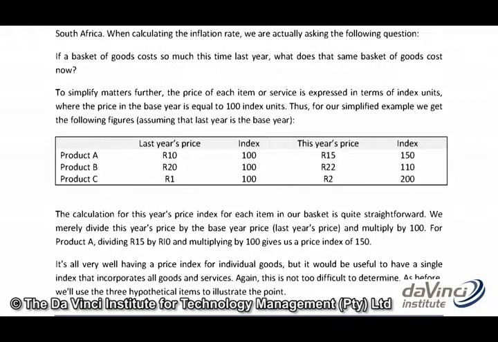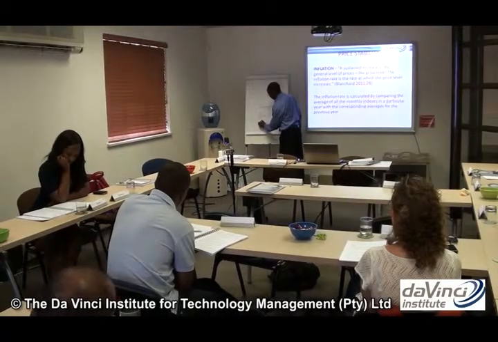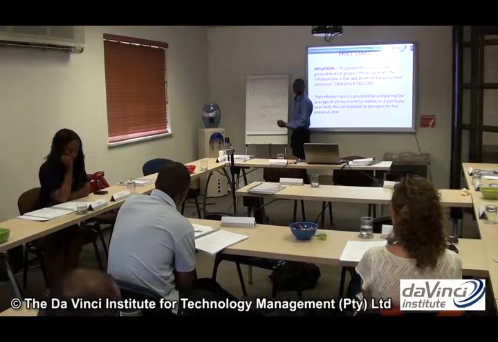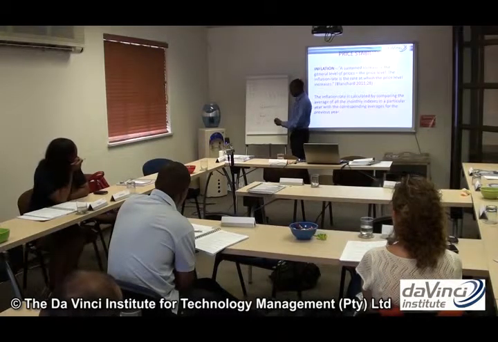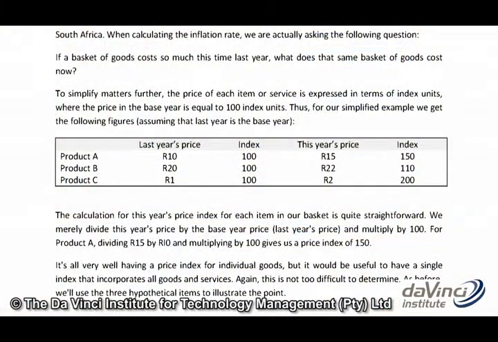The simple way of getting an index is this. Take product A, 2013, 2012. What's the price this year? 15. The price last year? 10.